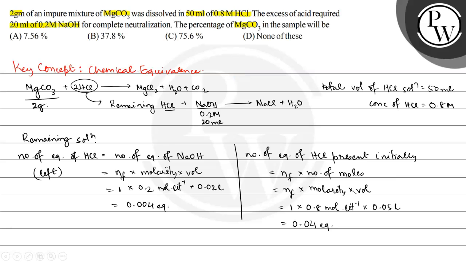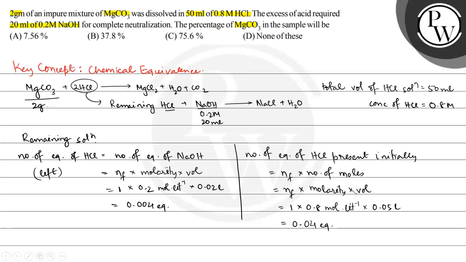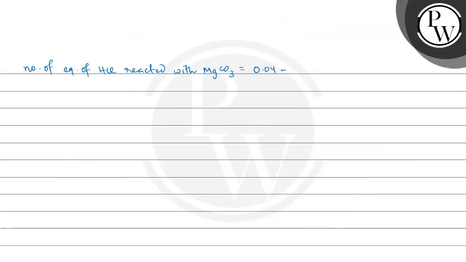All right, and then we can calculate the number of equivalents of HCl reacted with MgCO3, which is equal to the number of equivalents present initially, that is 0.04, minus the number of equivalents consumed by NaOH, that is the number of equivalents of HCl left, that is 0.004, and this is equal to 0.036.